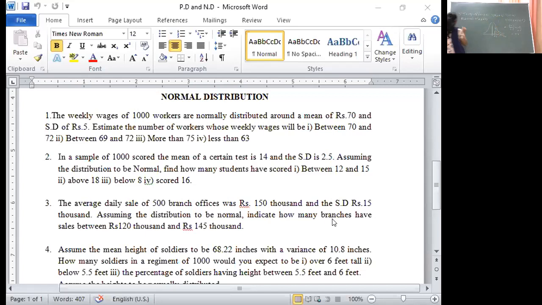Then how we will write that? Probability of z is lying between 2.4 to plus infinity. This can be written as the entire right hand side, probability of 0 less than or equal to z less than or equal to infinity.